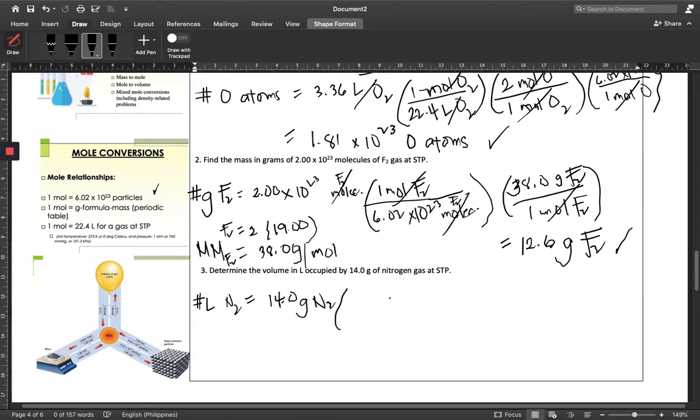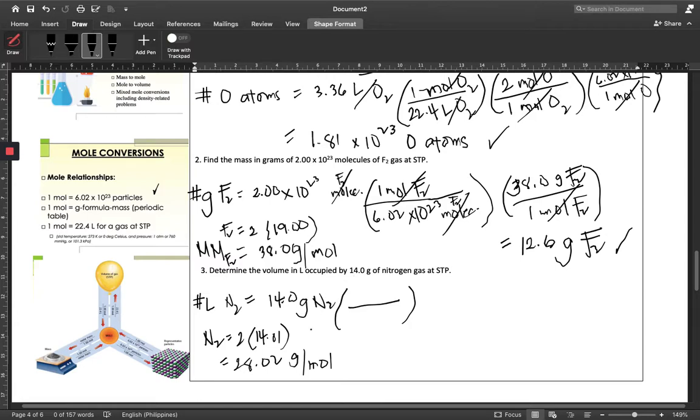So what we can do is convert grams of N2 into moles. The molar mass of nitrogen is basically 2 times 14.01, which gives us 28.02 grams per mole. Again, we need to go through the mole unit before we can start converting into volume.